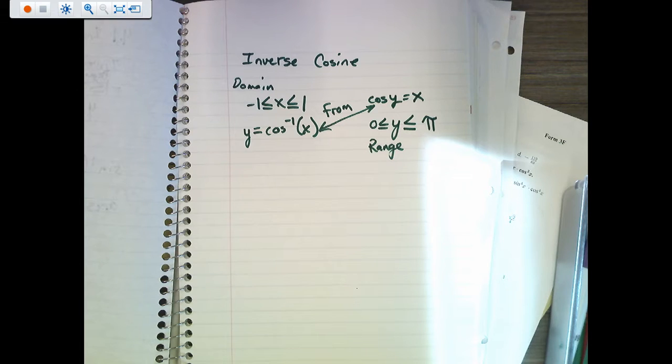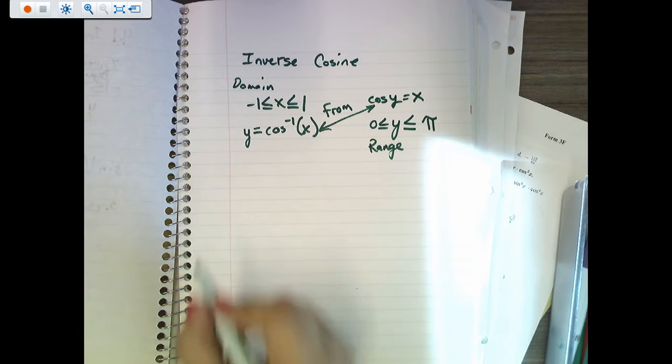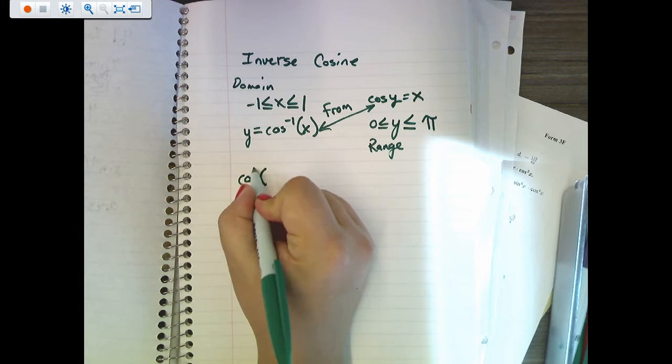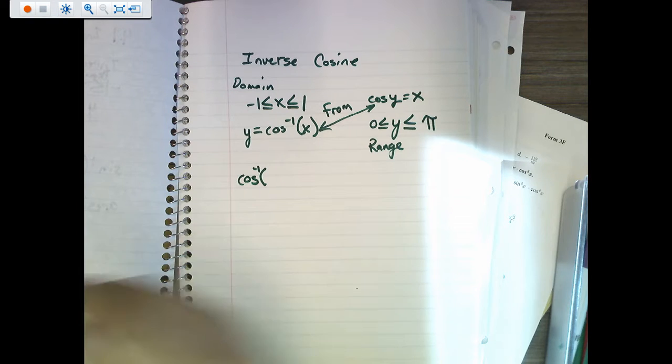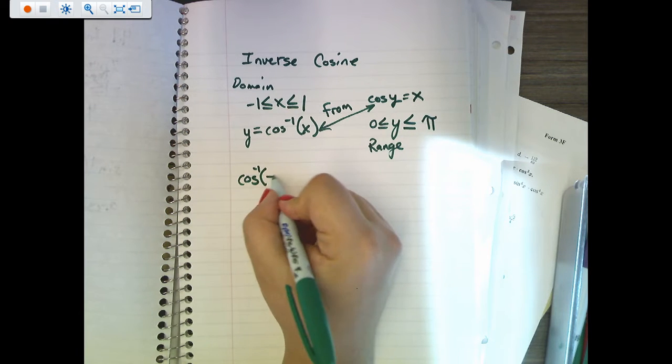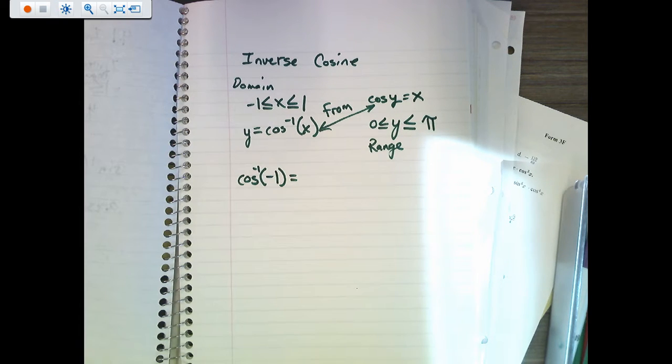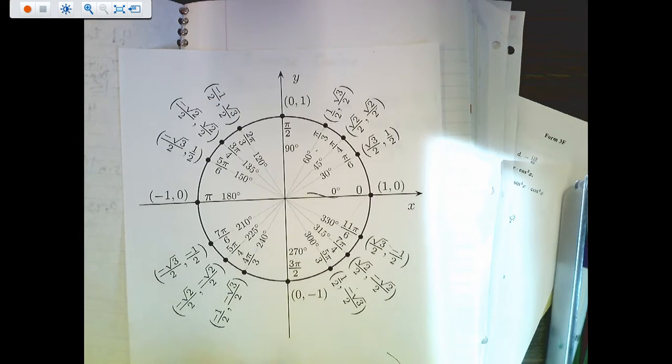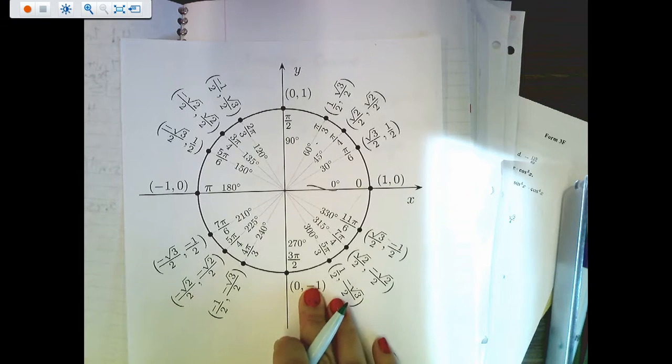Okay, so some of your questions will look like inverse cosine of -1. Where do I find a cosine? Remember, cosine is your x value. Where is cosine equal to -1?